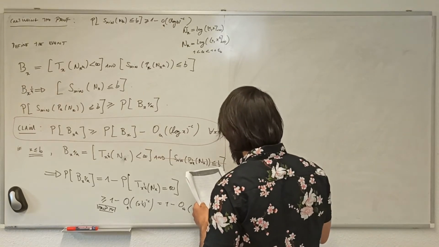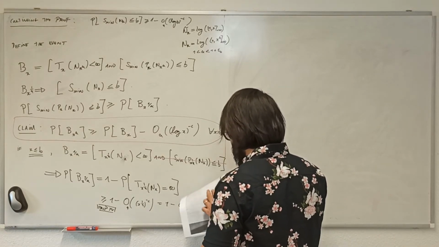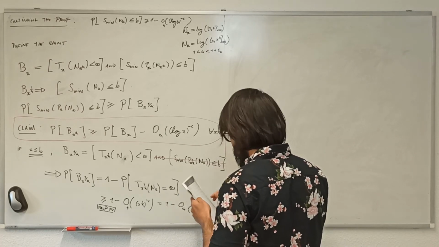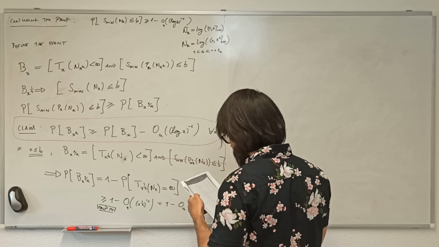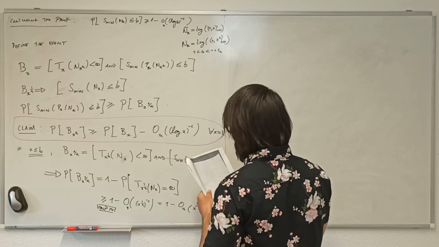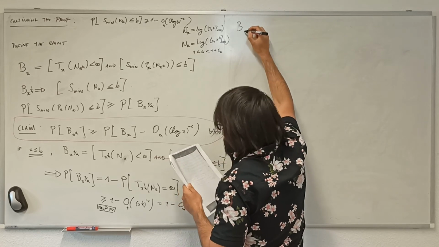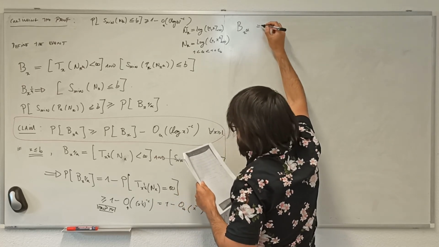So let me define, for the moment, what is the event b x alpha? Let me just rewrite it.